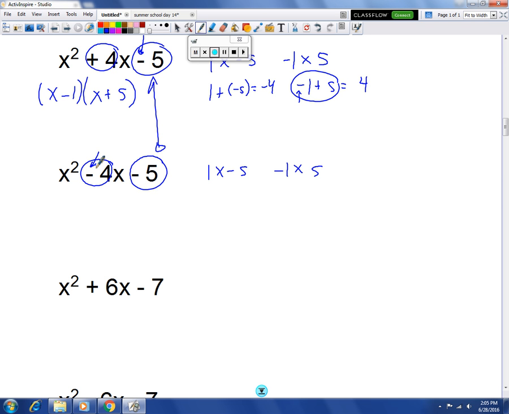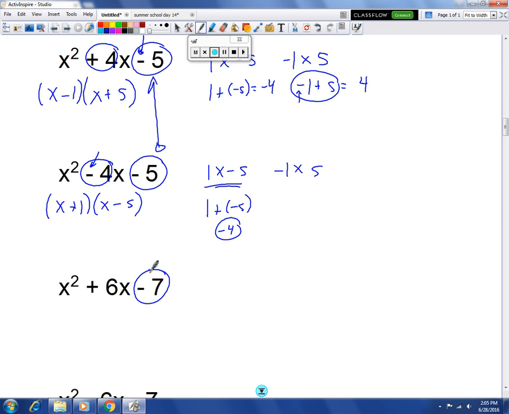Think of that as a negative 4. We're going to use this one right here. 1 plus a negative 5 makes our negative 4. So we're going to use a positive 1 this time. X plus 1, a positive 1, and negative 5. So we switch again.